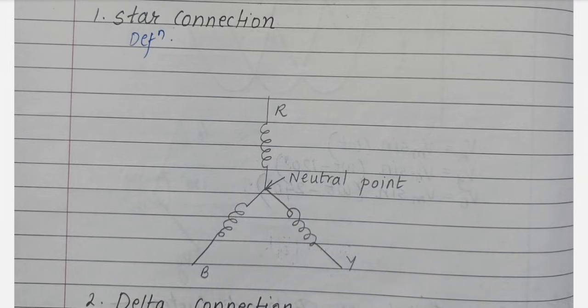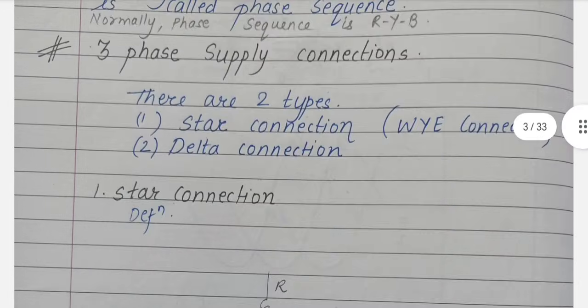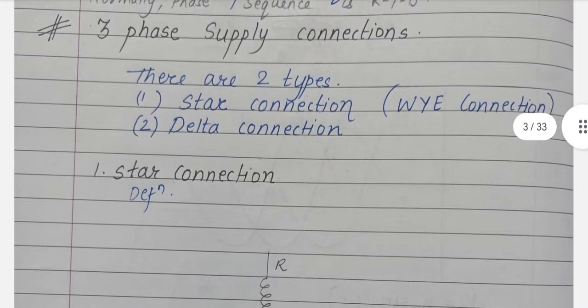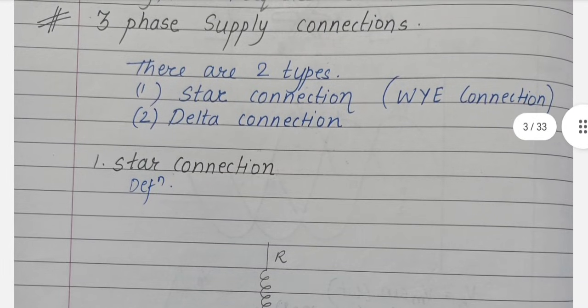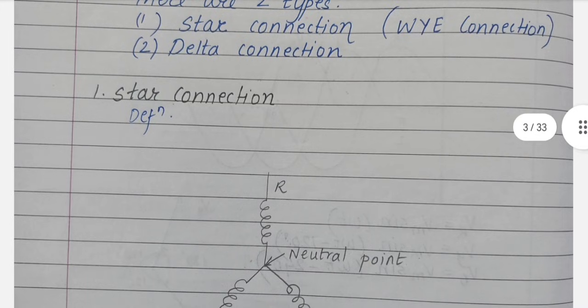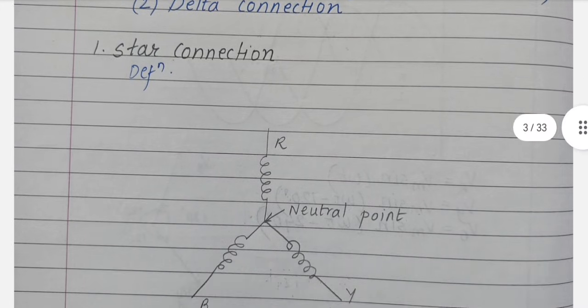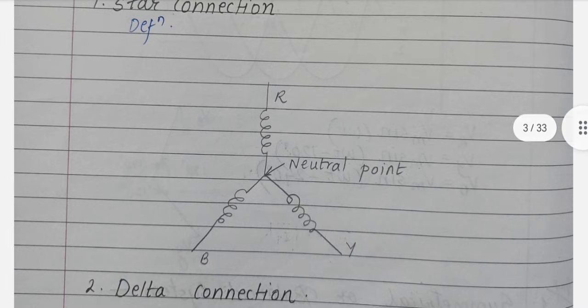So how will you define the star connection if such a description is asked in your paper? First of all, if there is a question to explain or write a note on three phase supply connections, at that time you will write there are two types of supply connections, that is star connection and delta connection. In star connection you will write that three phase windings are connected to a common point.